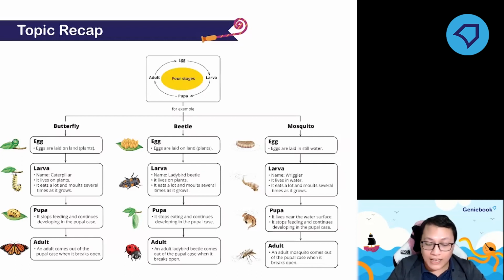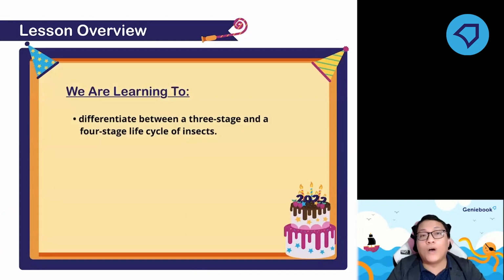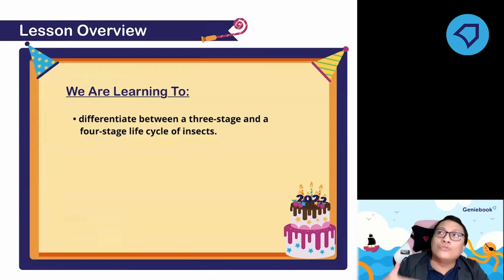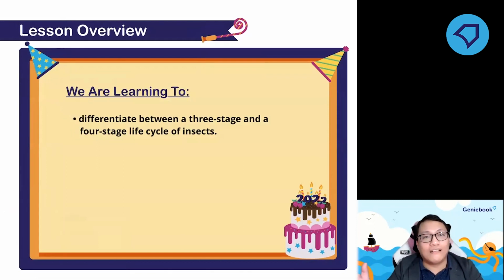Okay, so we are done with the recap. So now what are we going to learn? For today's lesson, I want you to be able to differentiate between the stages in 3 stages life cycle organism and 4 stages life cycle organism.